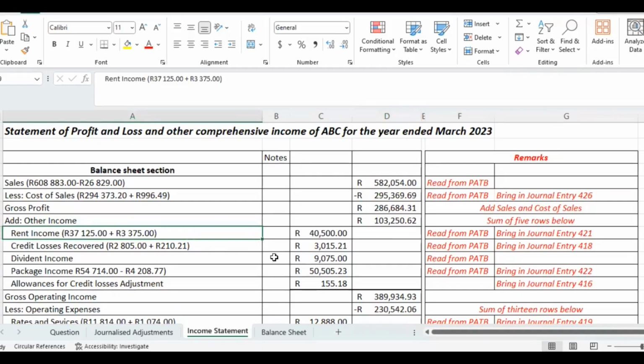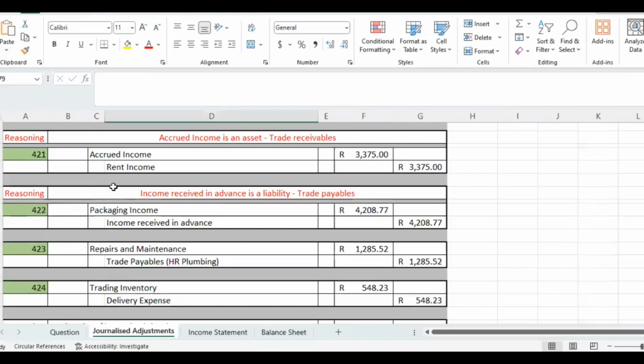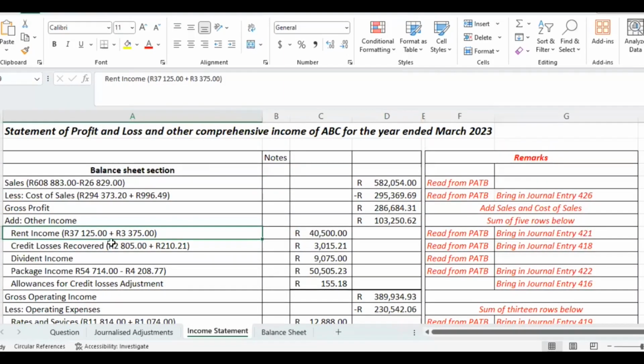With regard to the rental income, we have an amount, the 37,125 again, that we read from the pre-adjusted trial balance, but now we have to bring in journal entry 421. I'm going to show you what journal entry 421 was again. Journal entry 421 was this accrued rental income. So it's rental income that we were supposed to receive but haven't received yet, and so it had to be added to our rental income, and that is why we say plus 3,375. That gives us a total of 4,500.